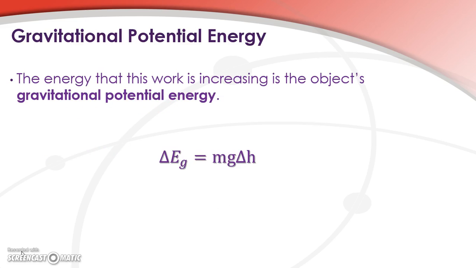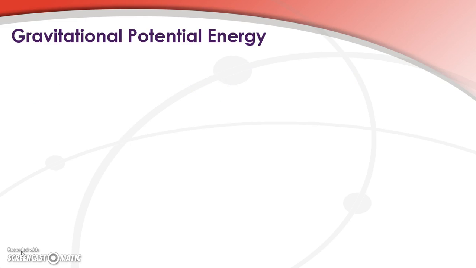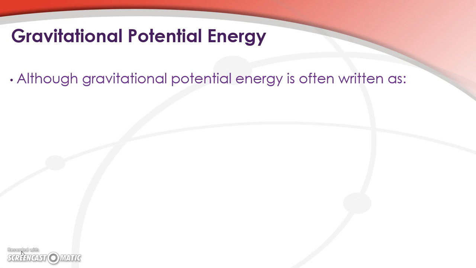So once we've done this, we have a pretty nifty expression for gravitational potential energy, the work required to move something upward. So gravitational potential energy then, we can say it's the mass times g times the height. And we'll often just simplify this, and instead of saying change in height, we'll just say height.